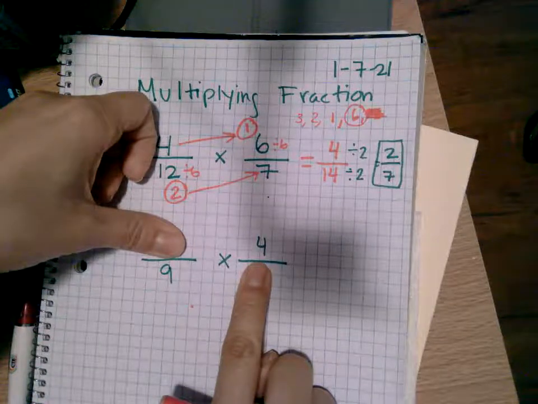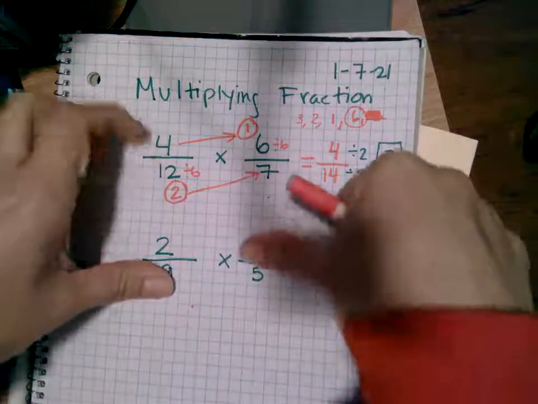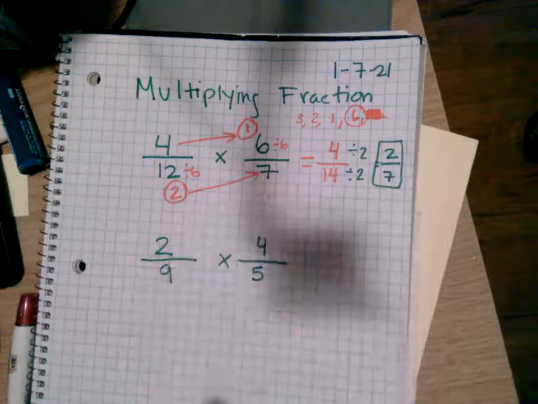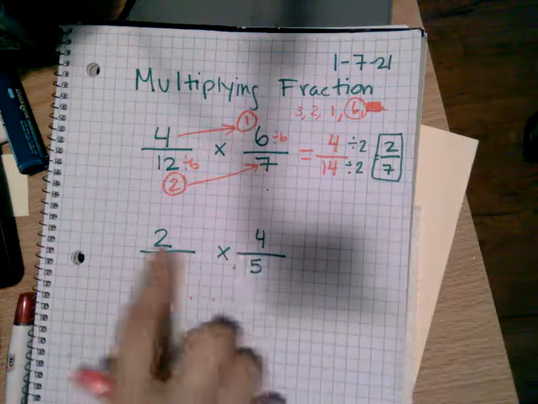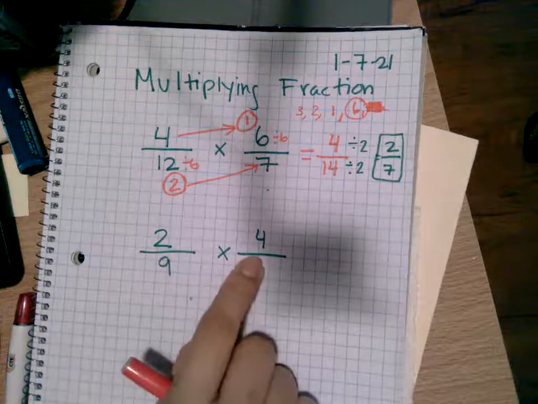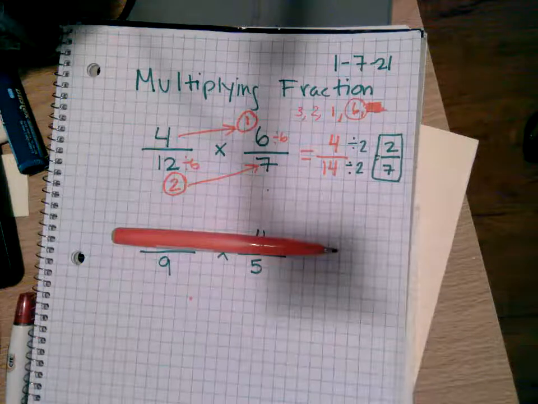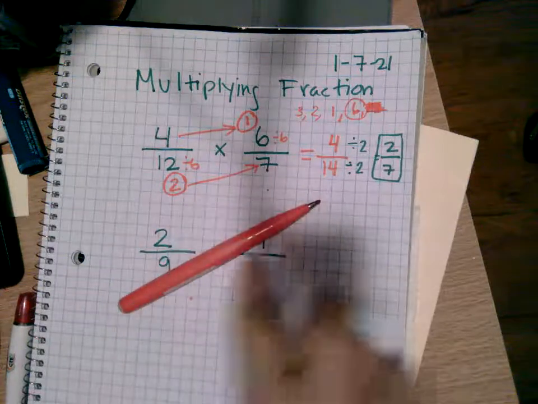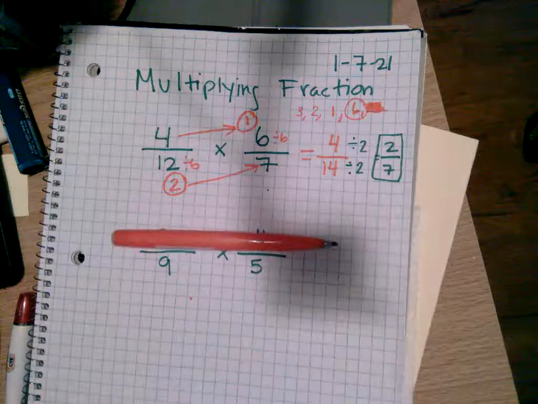Is there anything I can do with 9 and 4? Nope. Is there anything I can do with 2 and 5? Nope. Now, the mistake kids were doing is they were asking, but can I simplify 2 and 4? Yeah, but because they're on the same line, we can't do anything with them, unfortunately. Only when it's the diagonals, then we're okay. But when they're on the same line, no bueno, don't touch them.